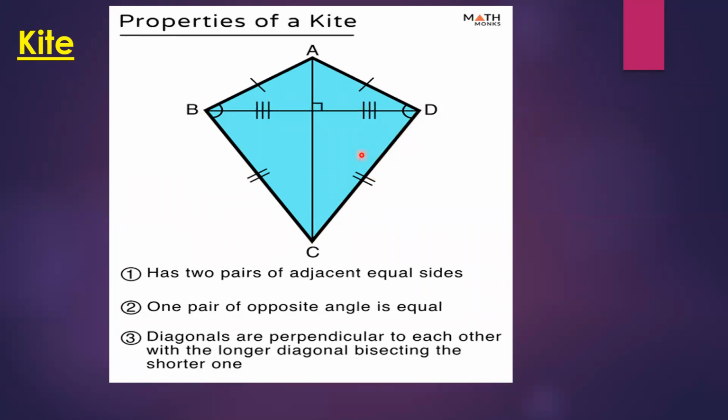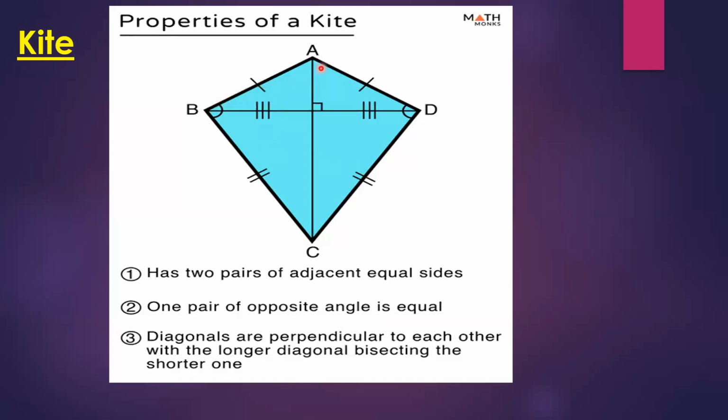So that means that adjacent sides are equal in measure. The kite has two pairs of adjacent equal sides. So the two adjacent sides BC and CD are equal.